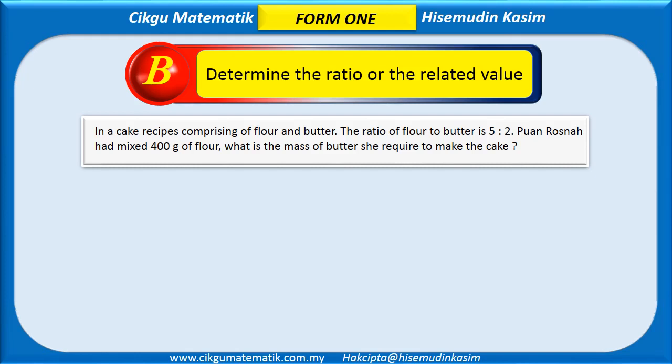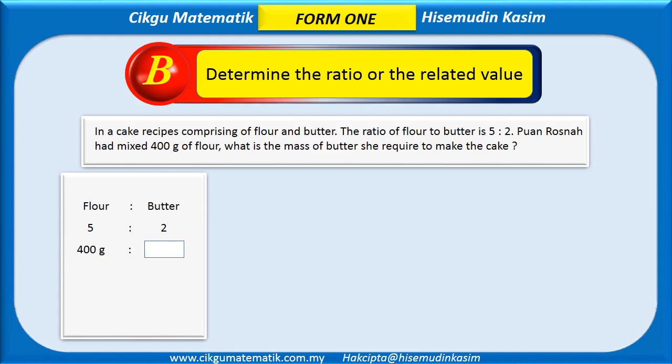What is the mass of butter she required to make the cake? The ratio of flour to butter is 5 to 2. If 400 g of flour, what is the quantity of butter?